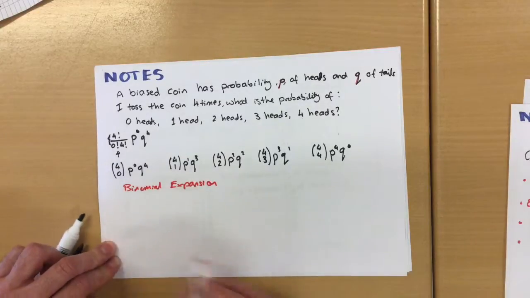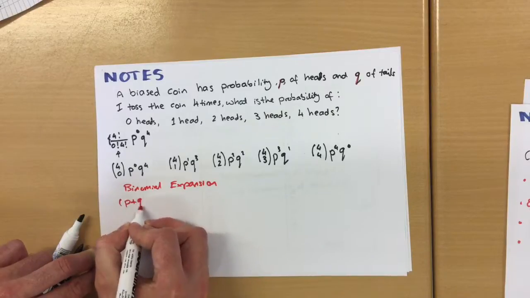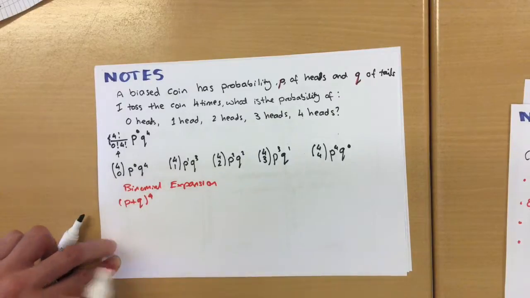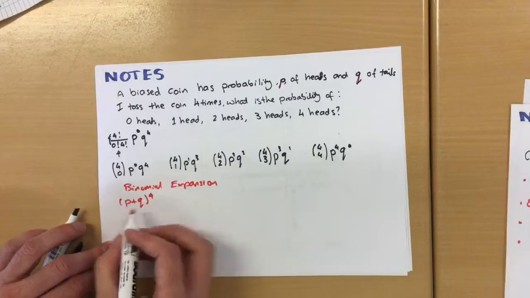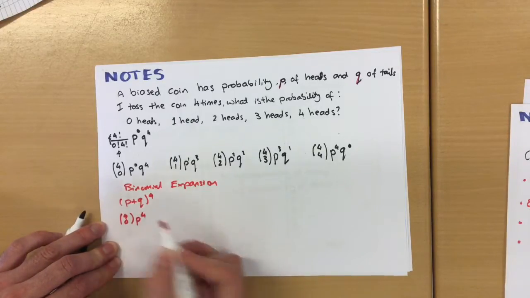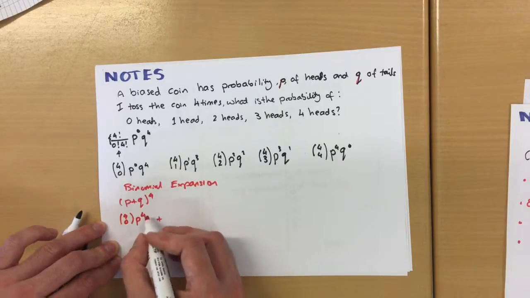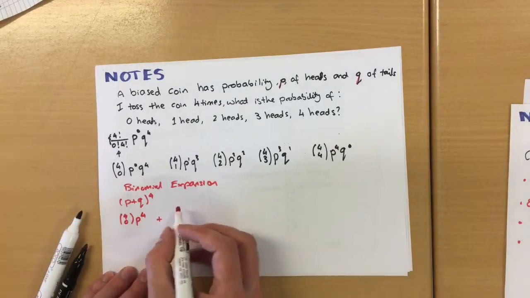This may start to ring bells from C2, and your binomial expansion. So if I wanted to expand the brackets of (P plus Q) to the power of 4, from C2 you would have got 4 choose 0, P^4, because the Q^0 is 1, doesn't count.